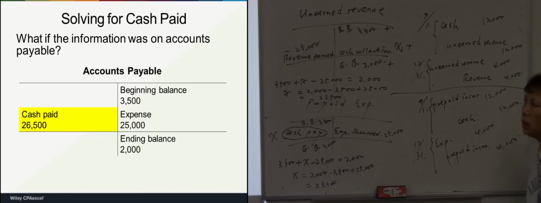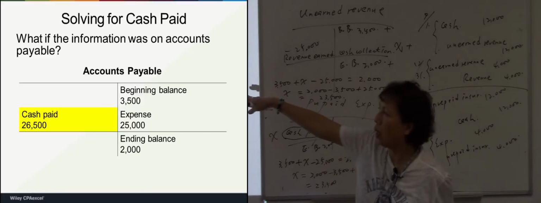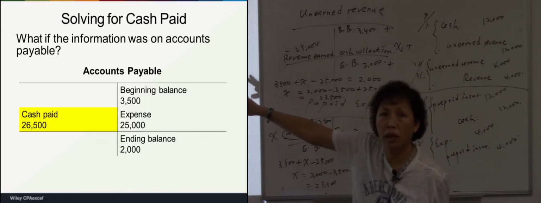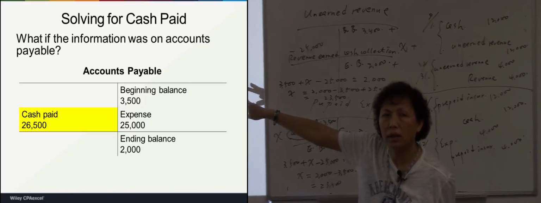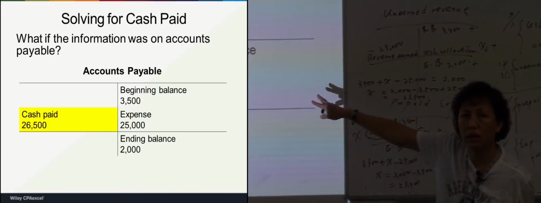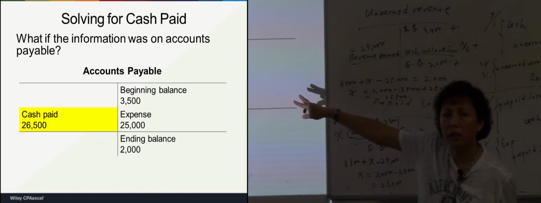For example, this one, you start with the beginning balance on the right-hand side, because it's the credit side. Is there any way I can have a cheat sheet to tell myself that?